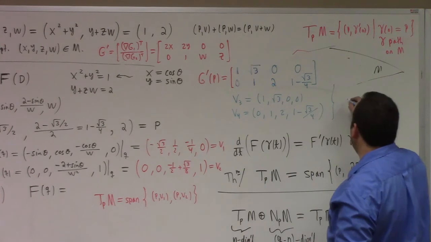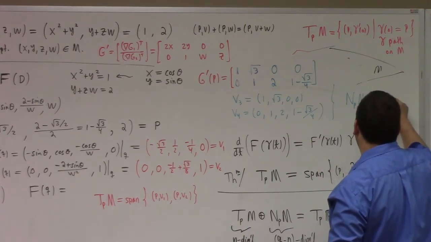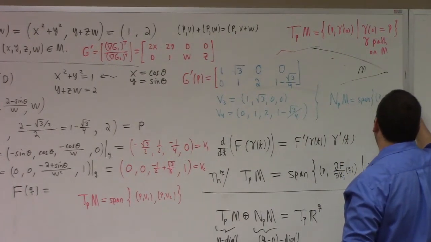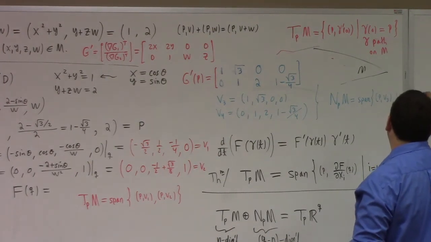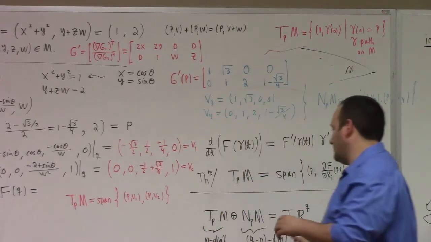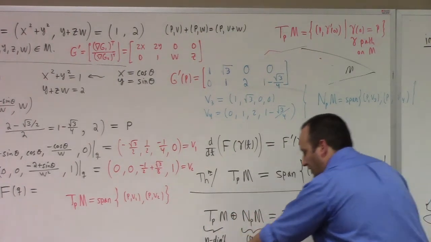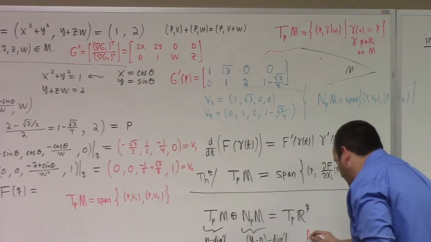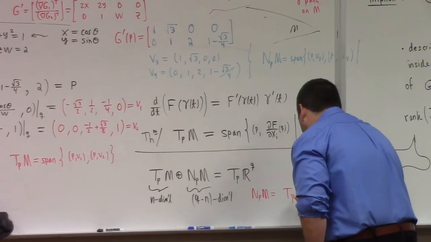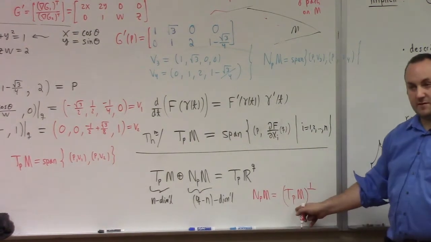Okay, you use these two things. The normal space to P at M is going to be the span of (P, V3) and (P, V4). What this notation means is that the normal space to P at M is what's called the perp of the tangent space to P at M. It's the set of all vectors which are perpendicular to vectors in here.